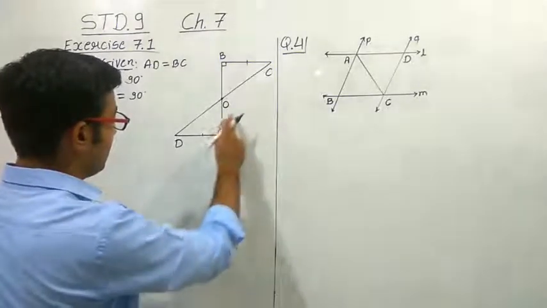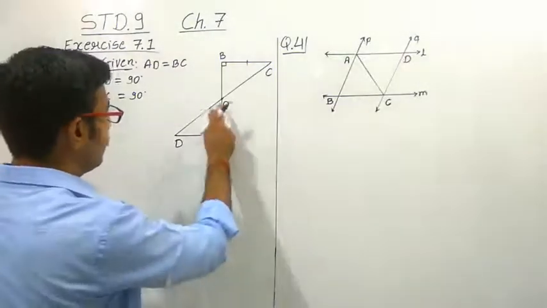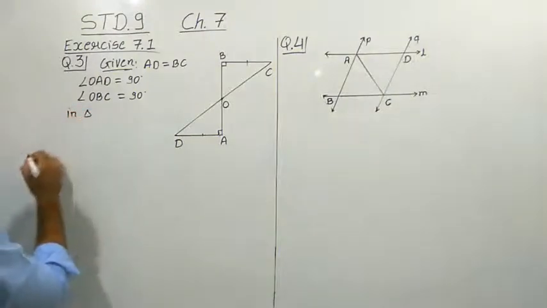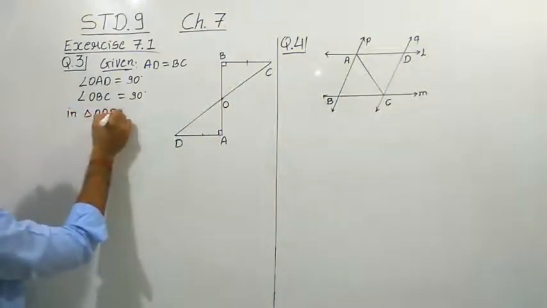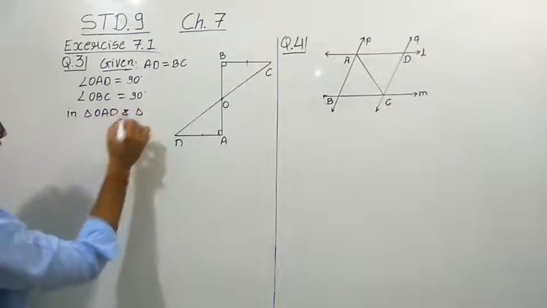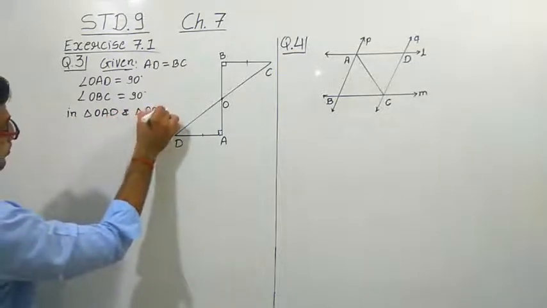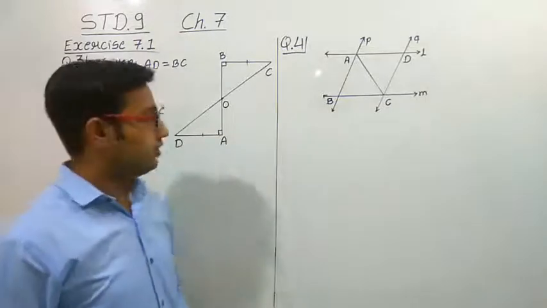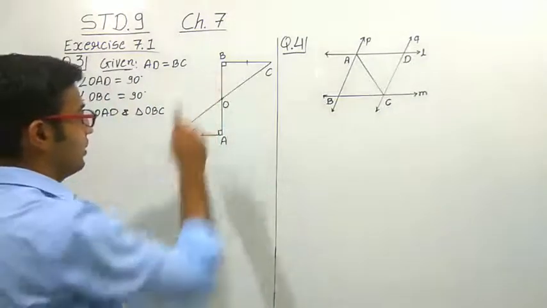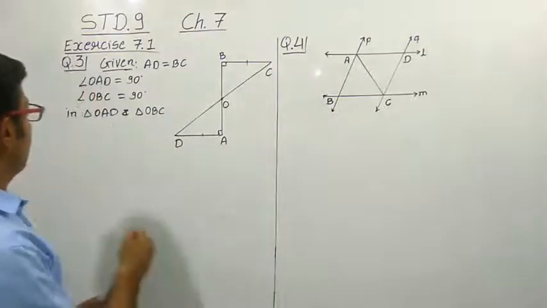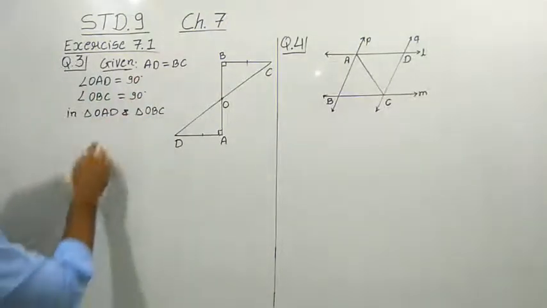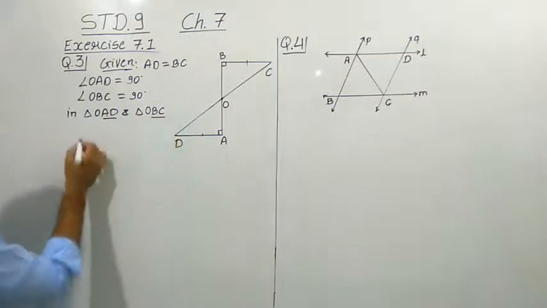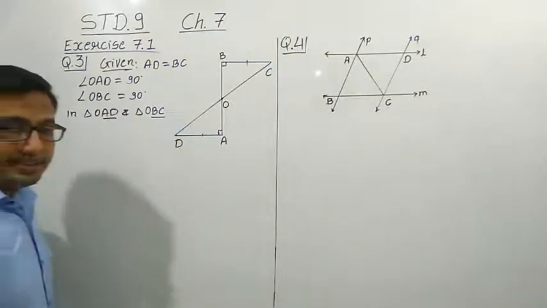Let us consider triangle OAD and triangle OBC. We have to consider the three conditions which make these two triangles congruent. Two conditions we already have. First, AD is equal to BC. If we consider the AD side of this triangle, we have to take the BC side, the corresponding side.